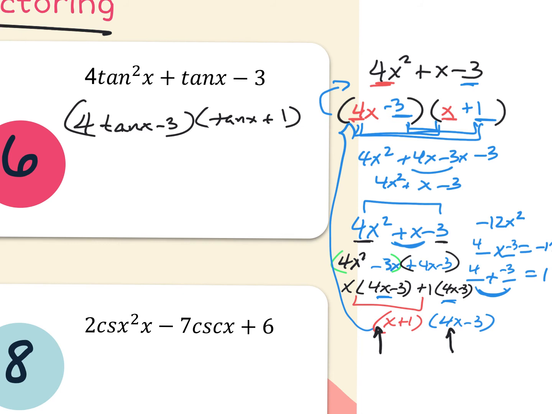Now, you could have also written it like this. It doesn't matter. Either way is fine. But the -3 needs to go with the 4. And the +1 needs to go with the other 1x. So that's that trinomial factored. Let's try another one.